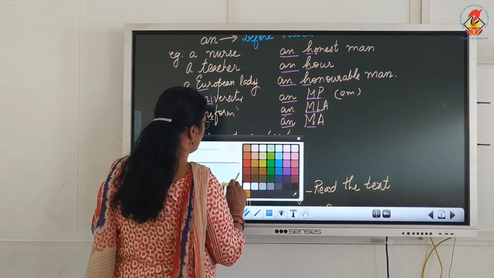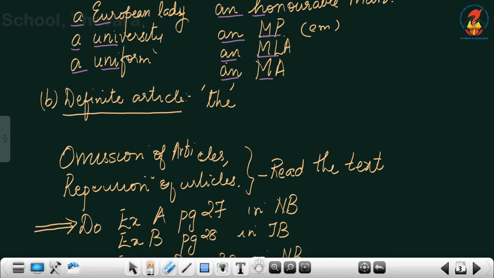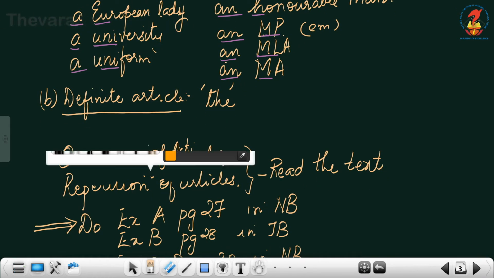Now I have not covered each and every topic of articles. I want you all to be reading about omission of articles, that part, and also repetition of articles.